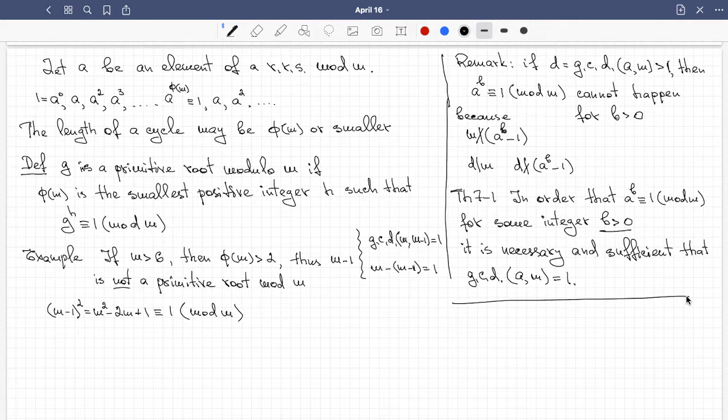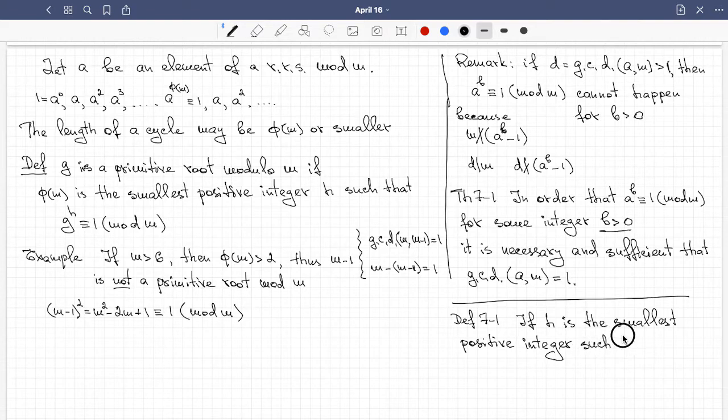So they introduce definition 7-1 and say h is the smallest positive integer such that a to the h is congruent to 1 mod m.